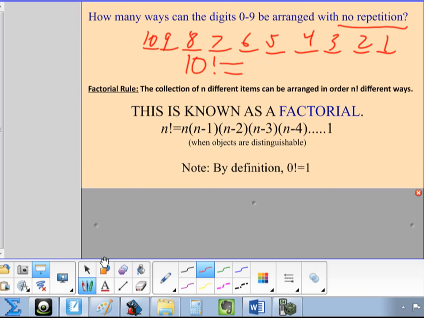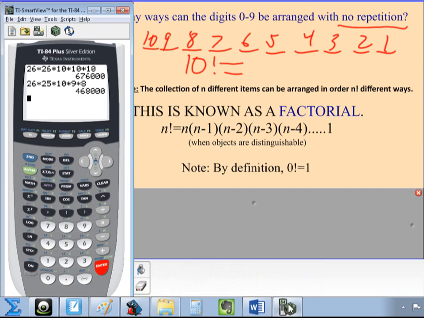I want to show you where that is on your graphing calculator, because it's not on the main key screen. So I'm going to type in 10, and then you're going to go to math, because we're doing math. You see over here, it says PRB for probability. So you're going to scroll over to probability, and you see number 4 is the exclamation point, and that is the factorial button.